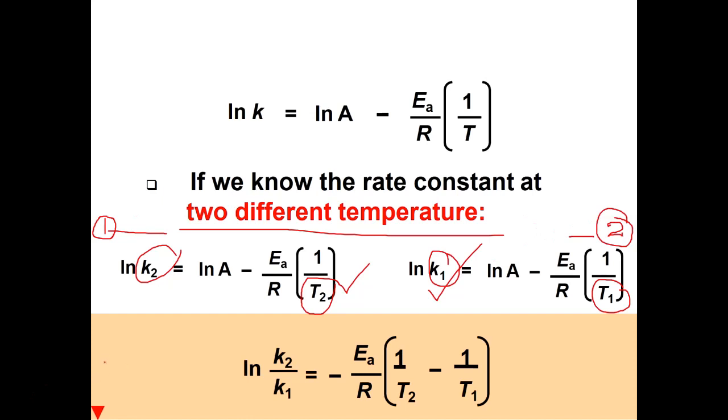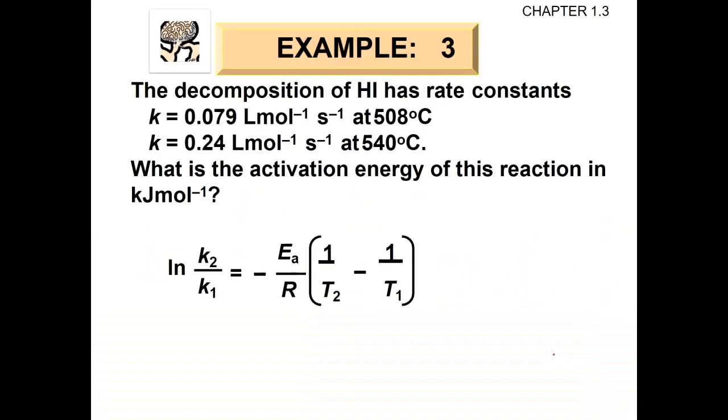Now we take equation 1 over equation 2. This one you can cancel out ln A. Then we have the third equation like this.